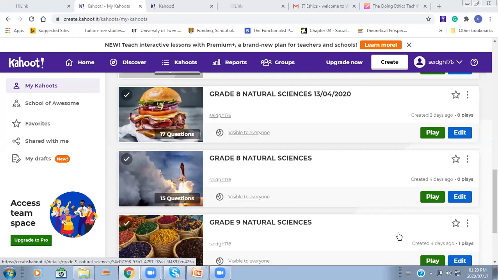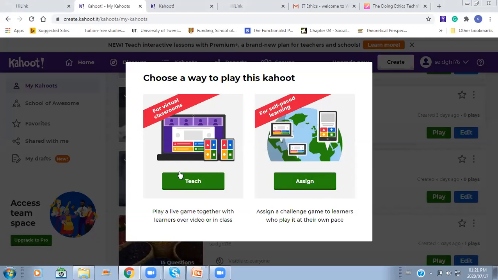Okay, so again, I have got two games for you people, but I want to see which one I have played. Let's see whether this one is the correct one.